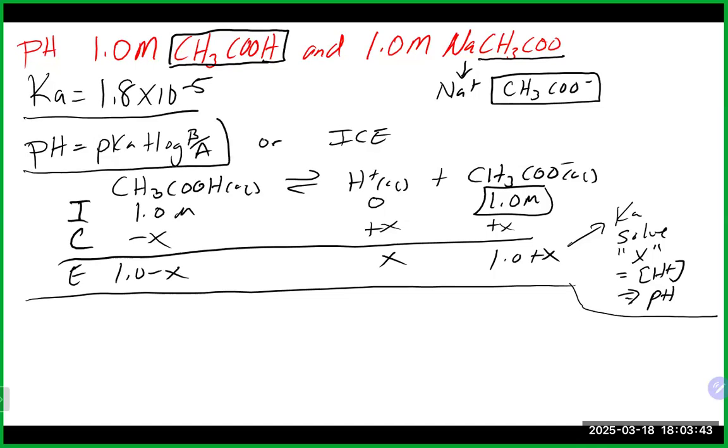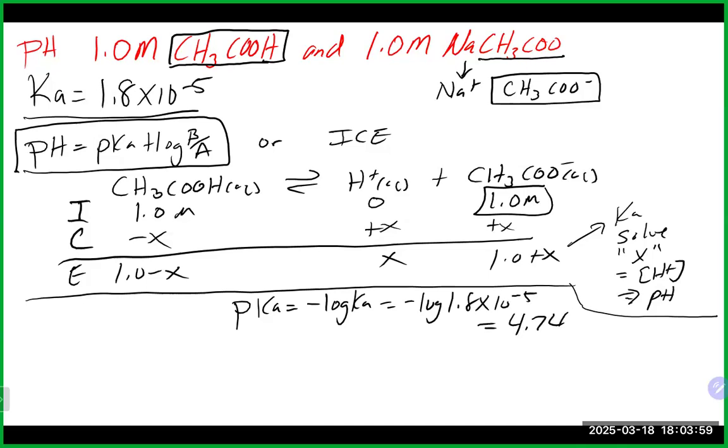I'm going to choose in this case just to go through the Henderson-Hasselbalch equation. I will need the pKa value. So the pKa is going to be minus the log of the Ka. That is minus the log of 1.8 times 10 to the minus 5. That's a 4.74 pKa. Putting in our numbers, our pH would equal 4.74 plus the log.